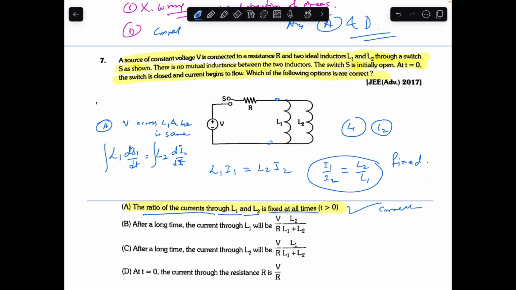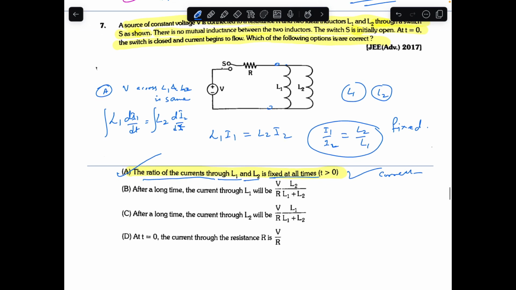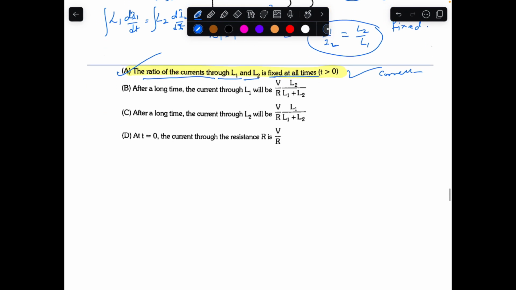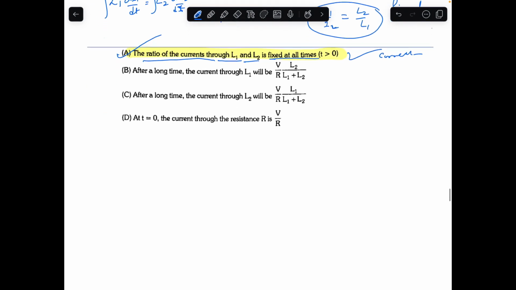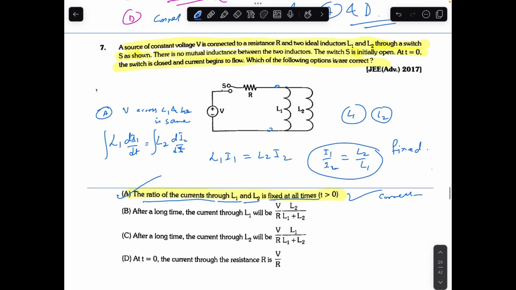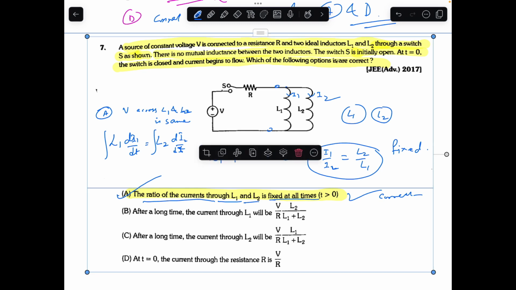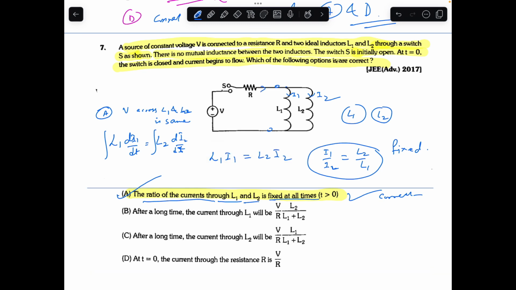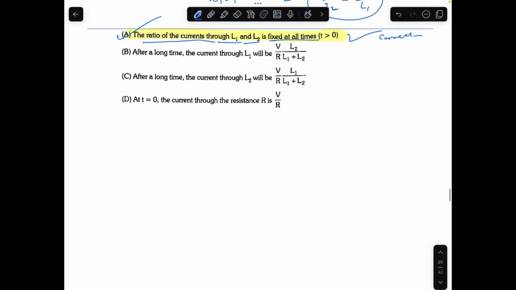Option B, after a long time the current through L1 will be V by R times L2 by L1 plus L2. Let us check option B. I'm considering the current in this as I1, the current in this as I2, and the total current as I. So I equals I1 plus I2.